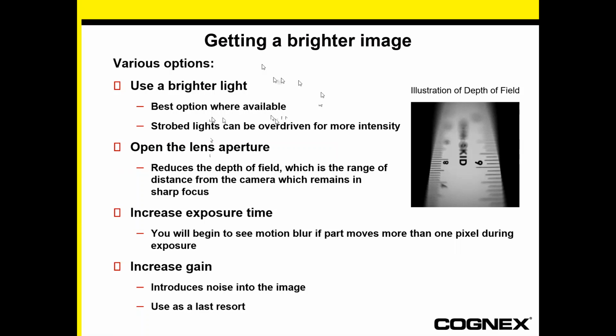Getting a brighter image can be useful sometimes with a lens. Then we can close the aperture off and we can have a greater focus or depth of field, as they call it. It can also reduce your exposure time. A brighter light means a shorter exposure time, which means if your part's moving, we get less blurring.